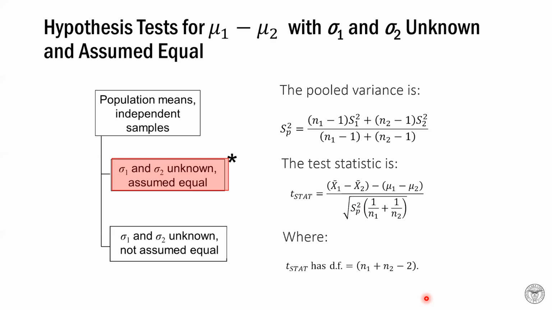It is worth noting that you are expected to know how to use Excel to run the hypothesis test for difference of means. In the following case study, we are going to assume unknown standard deviations and unequal variances.